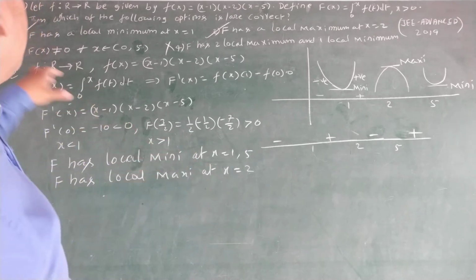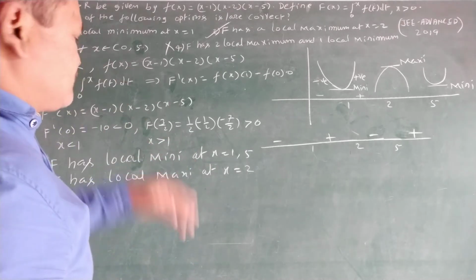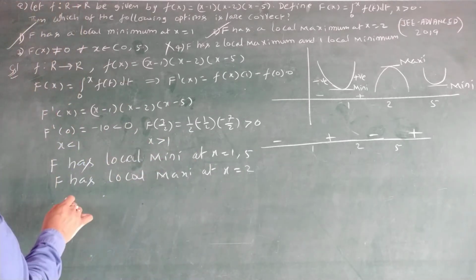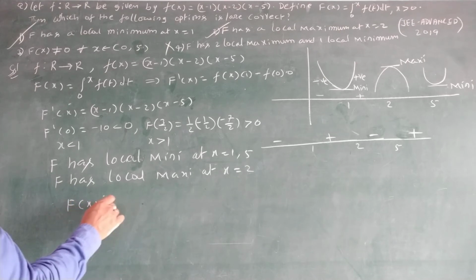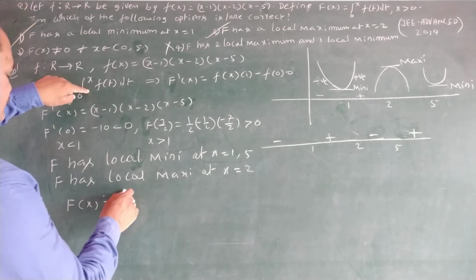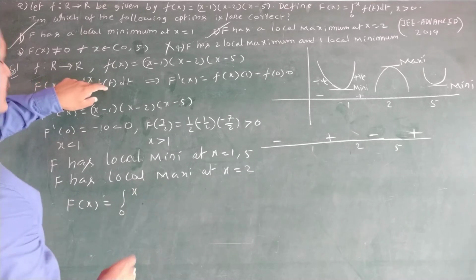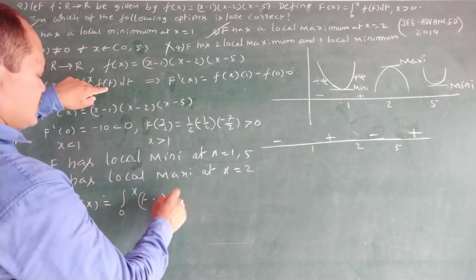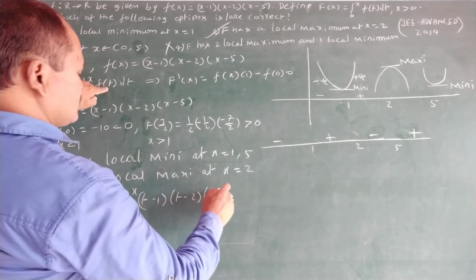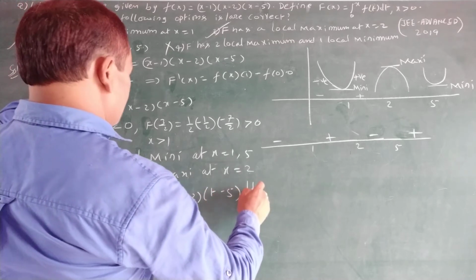Now we have to verify the third option. Now capital F of x is equal to the integral from 0 to x of f of t, that is (t minus 1)(t minus 2)(t minus 5) dt.